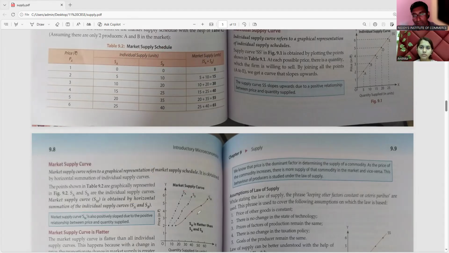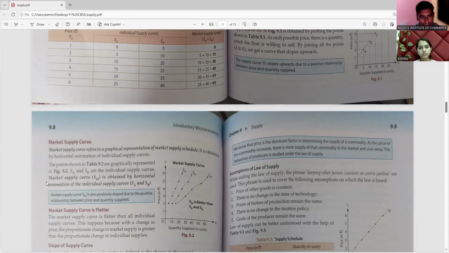When we talk about the market supply curve, all individuals are considered. SA is the first individual, SB is the second individual, and total market supply will be like this. It is a gathering of all individuals in one place.